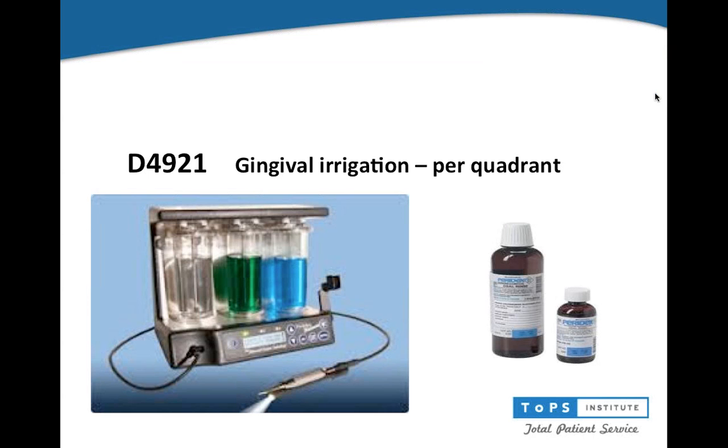All right, now this one's probably not a great surprise, but hygienists have been irrigating during their root planing and scaling or their periodontal maintenance therapy appointments for quite a while. There's never been a code for us to be able to bill this out. So gingival irrigation is new this year for us, the 4921 code.